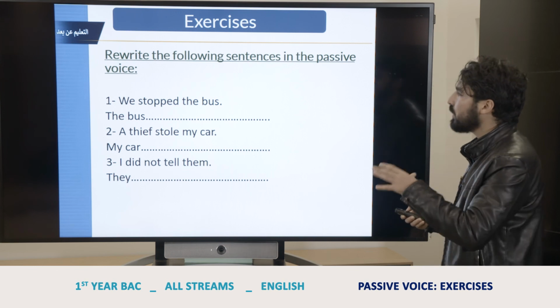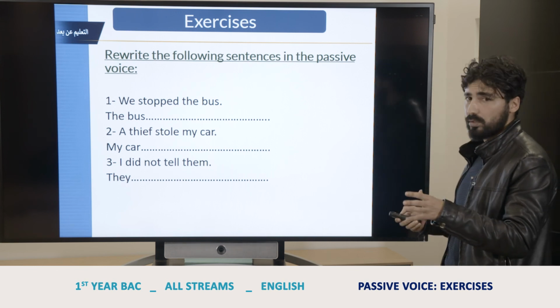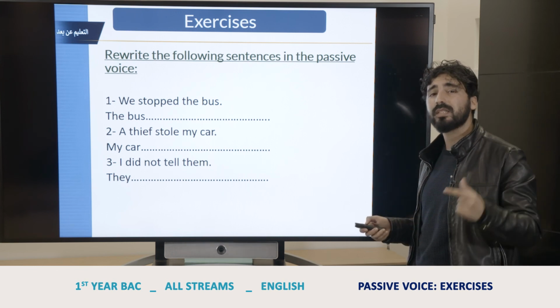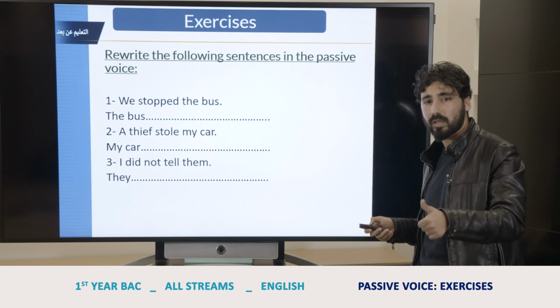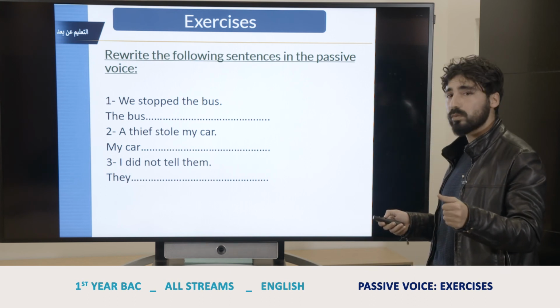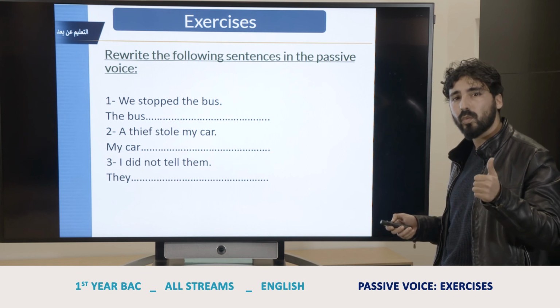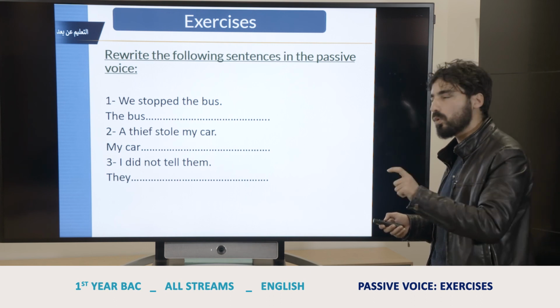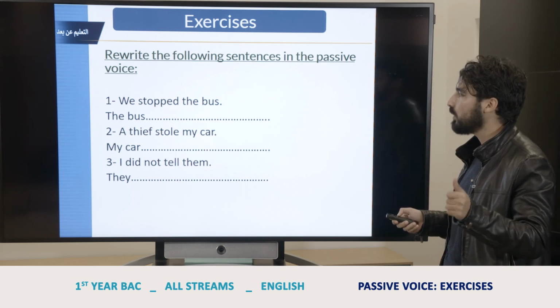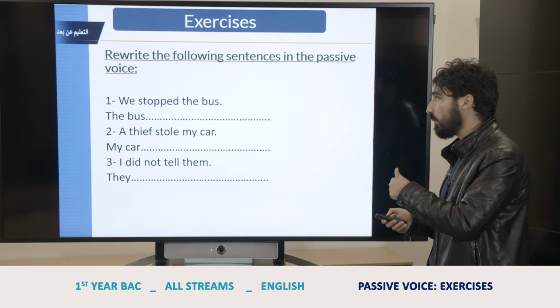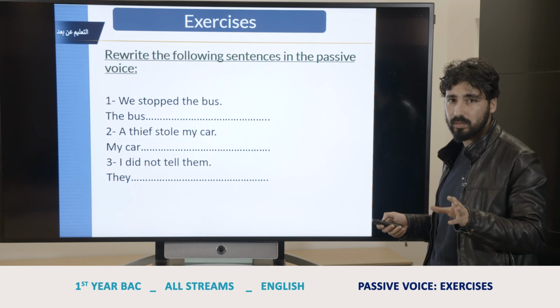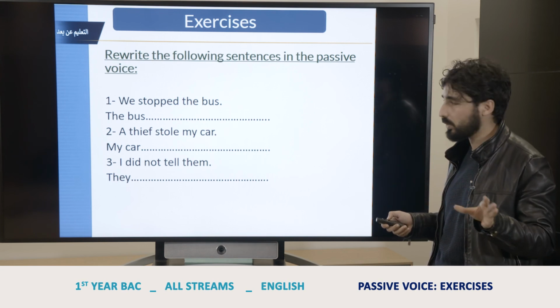So number 1, the bus is the object. We need verb to be in the same tense, the simple past. What is verb to be in the simple past? Was or were. The bus was. Of course we're going to use was. The bus was stopped. I'm not going to say by we, because it's a pronoun.